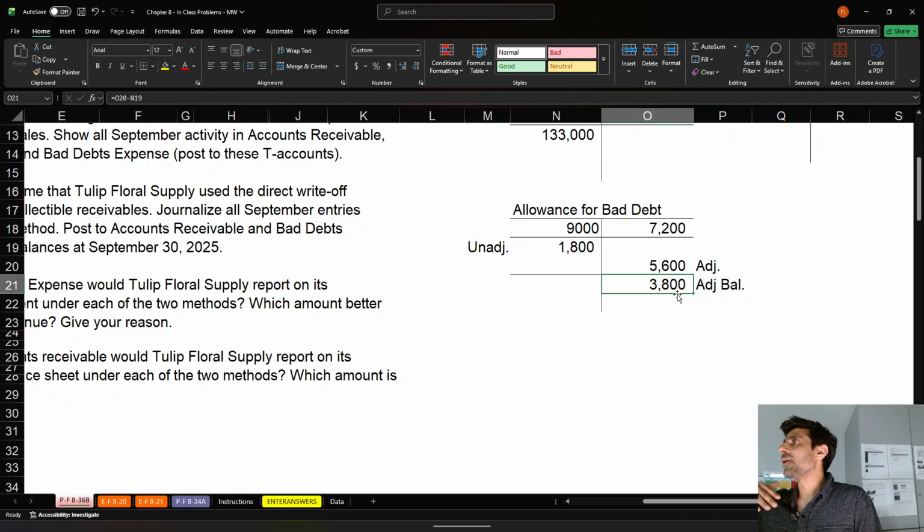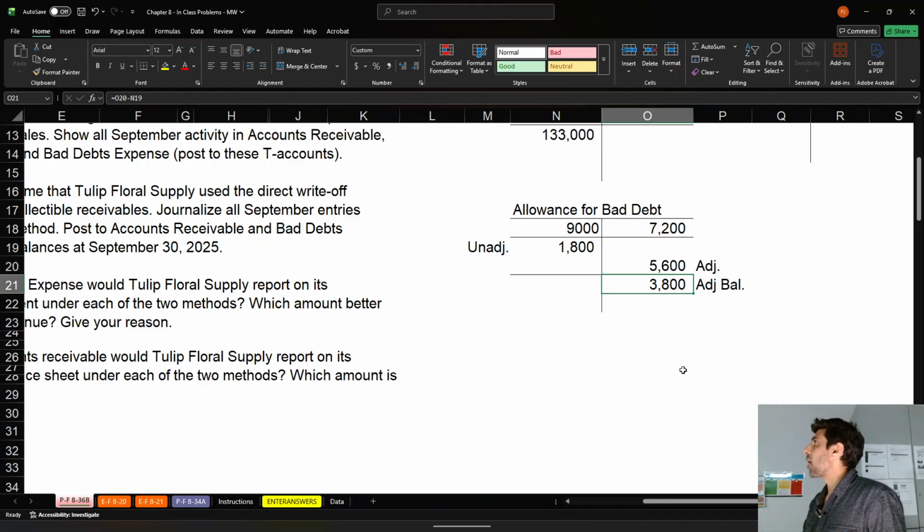Once it goes into debit territory, even after the adjustment, then there's a problem and we'll have to fix it. Right now, we can keep going like this. This is still kind of valid. But once this adjusted balance, even after this adjustment, is still a debit balance, then there's a problem and we'd have to do something about it.